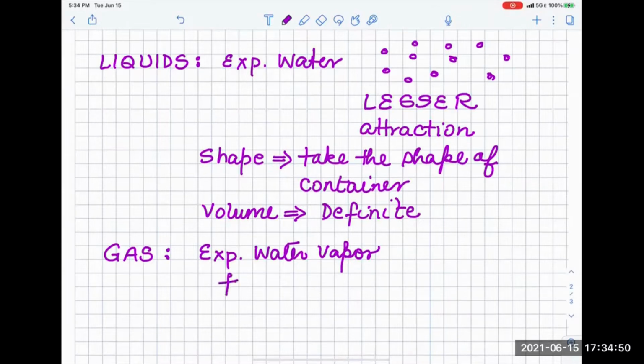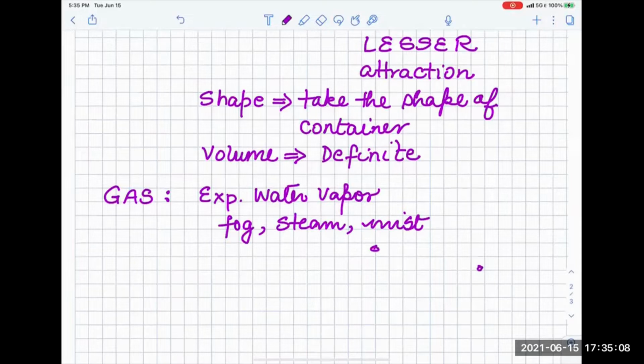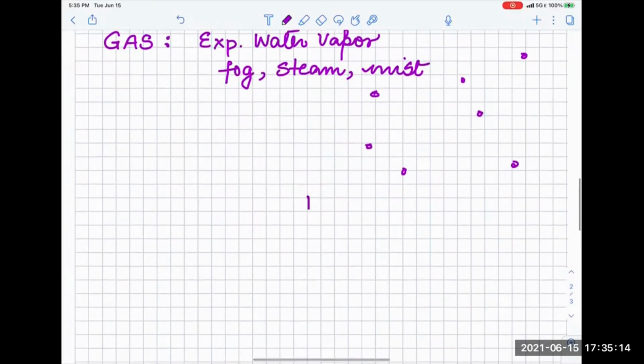Fog, mist, and even like steam, so steam is also like wet water vapors. So you can feel it, but it's in the gaseous form. Okay, so in the gaseous form, the particles are very, very far away. So which means that hardly any, so no attraction.